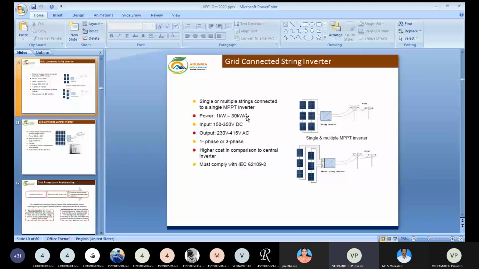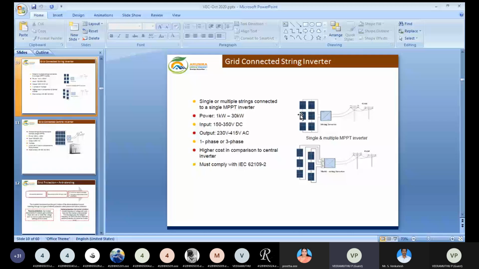Here a single string or multiple strings are connected to the MPPT inverters. So what is a string? Number of panels connected in series is called a string. Here 3 panels are connected in series. So what is meant by series connection?